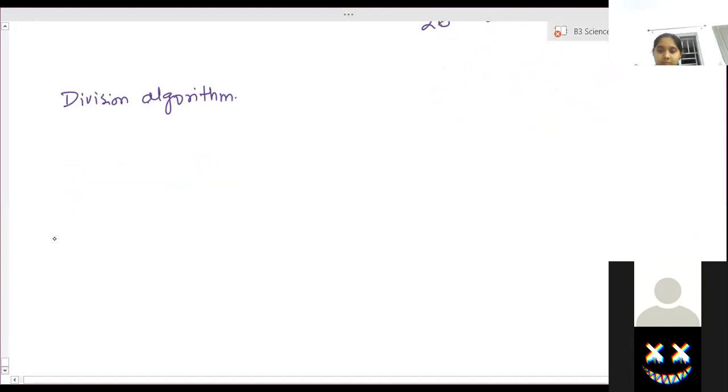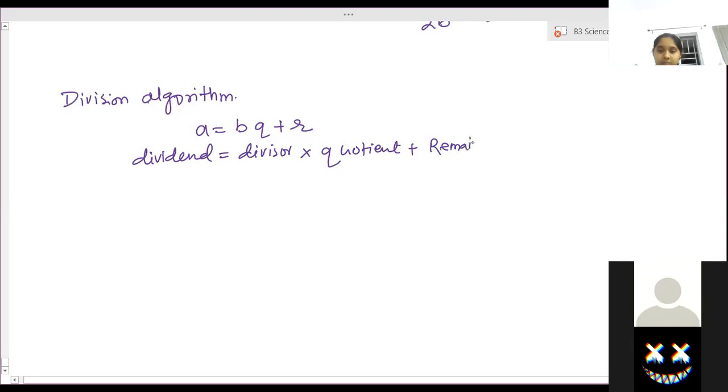Division algorithm. Just exactly like a is equal to bq plus r, where a is the dividend, b is the divisor, q is the quotient, and r is the remainder.